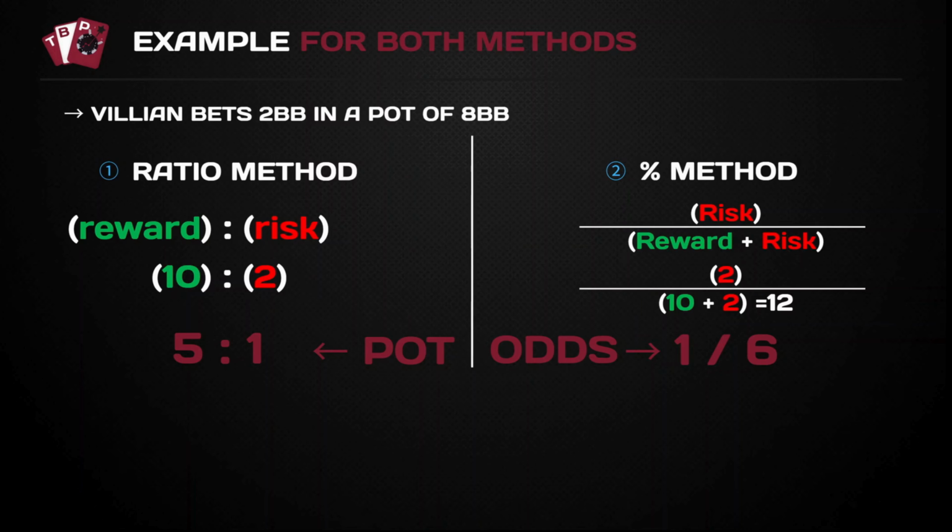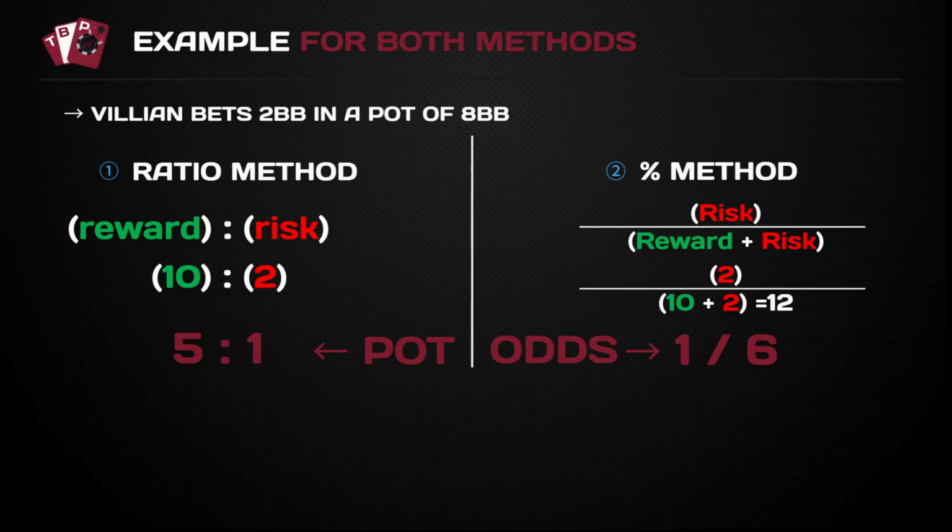Now let's turn to the percentage method, where risk and reward are the same numbers. With that, we put 2 in the numerator, and the denominator is the sum of 10 plus 2, which is 12. This gives us a fraction of 2 divided by 12, which equals 1/6 pot odds.